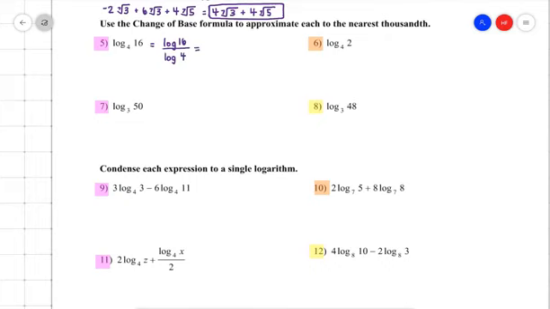And then we'll put that into our calculator and see what we get. And it gives me 2.